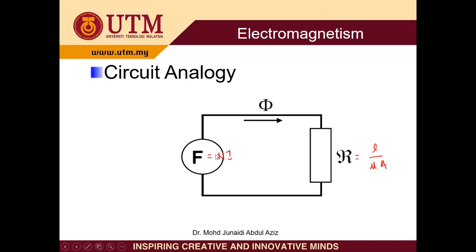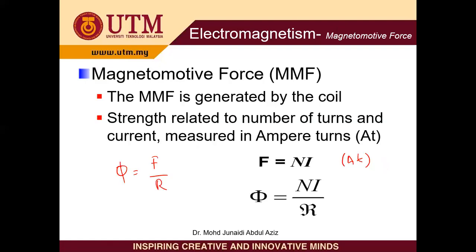You should know that F is equal to Ni, where N is the number of turns, and the reluctance of the material depends on the length of the material over mu multiplied by the cross section of the material. The MMF, as mentioned earlier, is generated by the coil, and its strength depends on the number of turns and the current. The unit of the MMF is ampere turn.